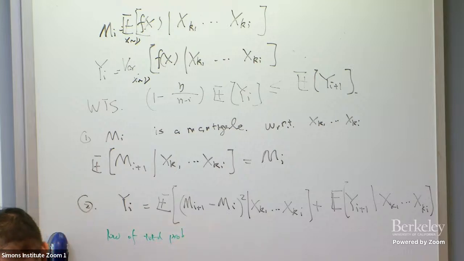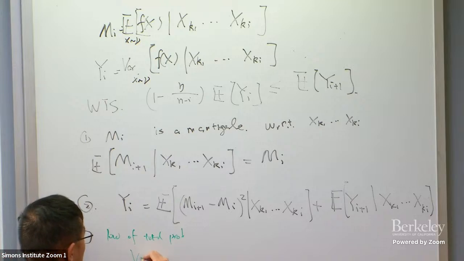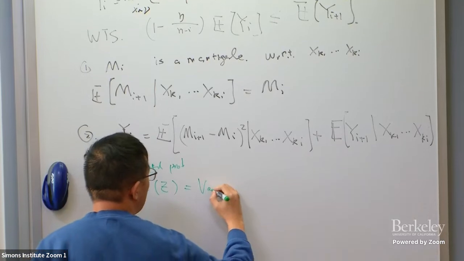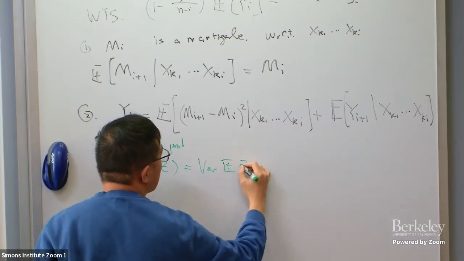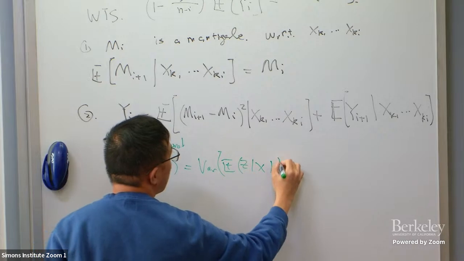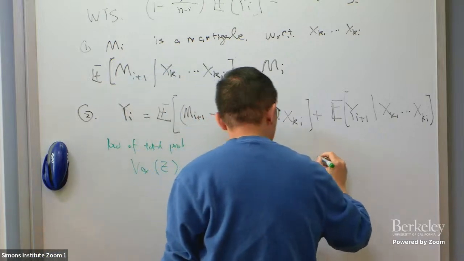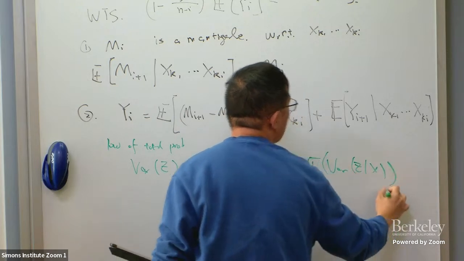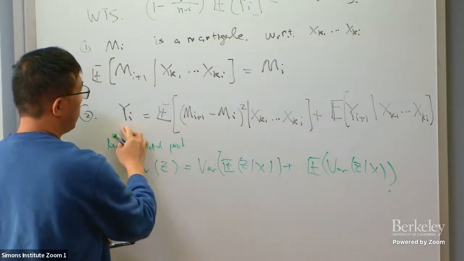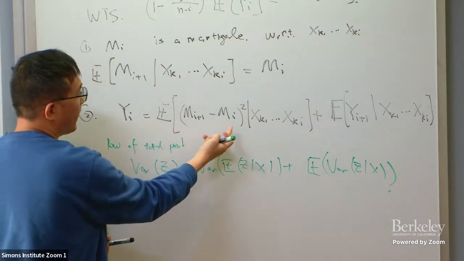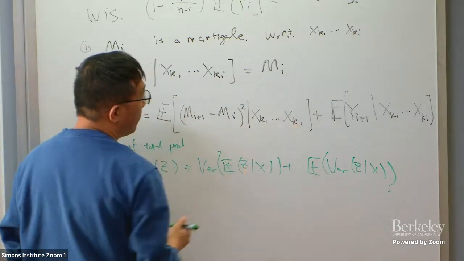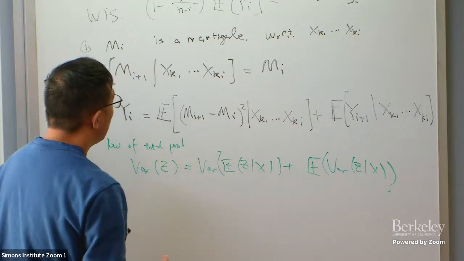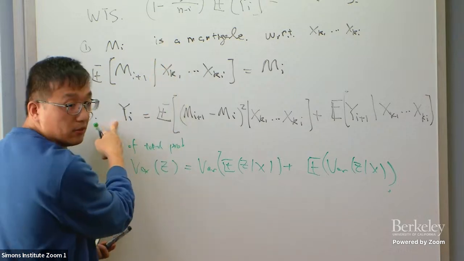In general, the variance of a random variable z can be written as the variance of the expectation of z given x, plus the expectation of the variance of z given x. So this is just a translation of this by analyzing the randomness in xki plus 1, and using the martingale properties, you get something like this.